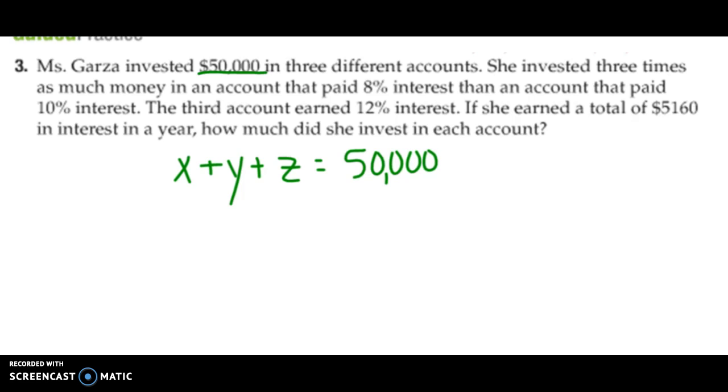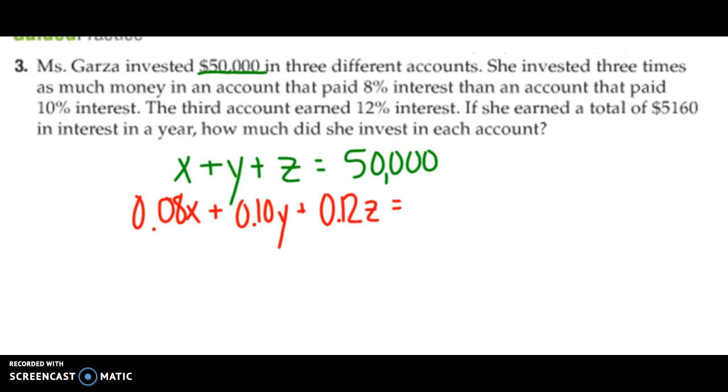Then it says she invested 3 times as much money in an account that pays 8% interest than an account that pays 10% interest. And there's also the third one with 12. So let's say 8% interest is the X. And let's say 10% interest is the Y. Then finally, the 12% interest is going to be the Z.